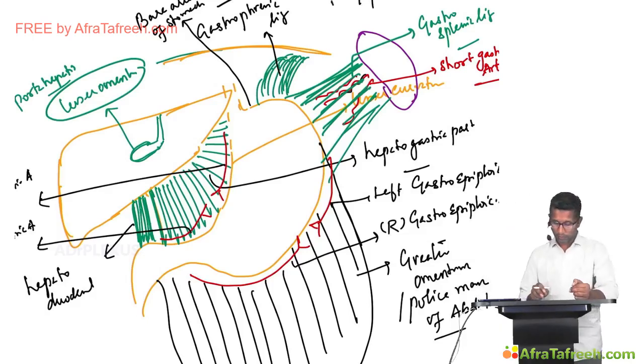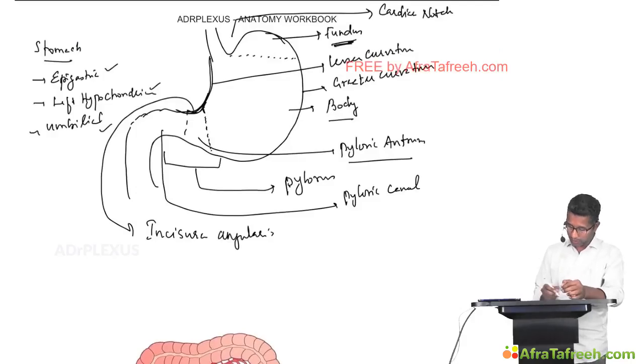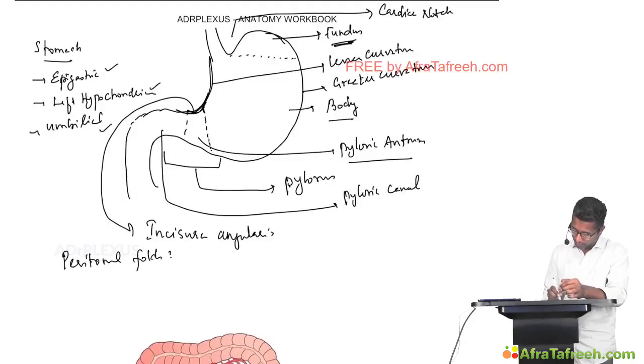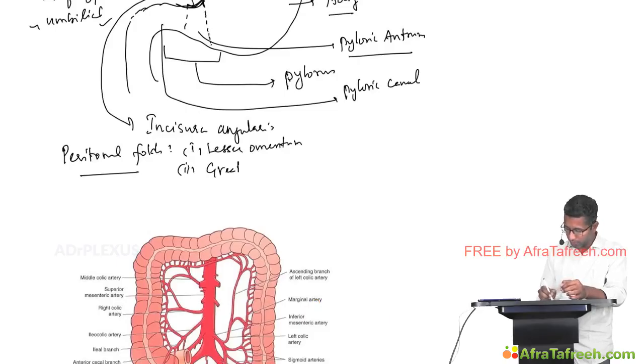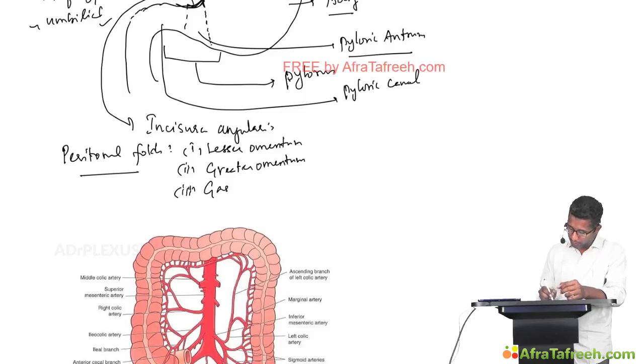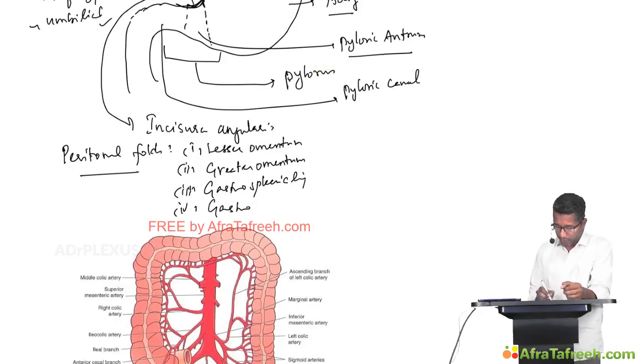So when we come to the peritoneal folds, you can just write: the peritoneal folds of the stomach are, one, the lesser omentum; next, the greater omentum; a portion of the greater omentum above is called the gastrosplenic ligament; and just above the gastrosplenic ligament you have the gastrophrenic ligament.